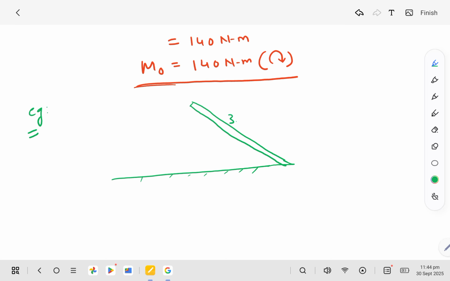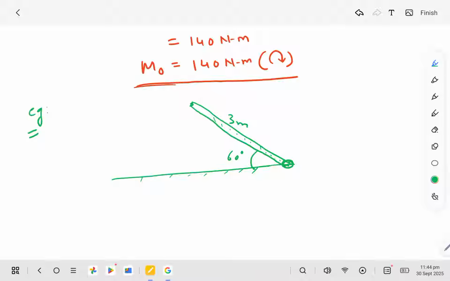The length of the rod is 3 meter. This is one solid bar, and it is fixed at this point here. The angle of this rod with the ground is 60 degree.